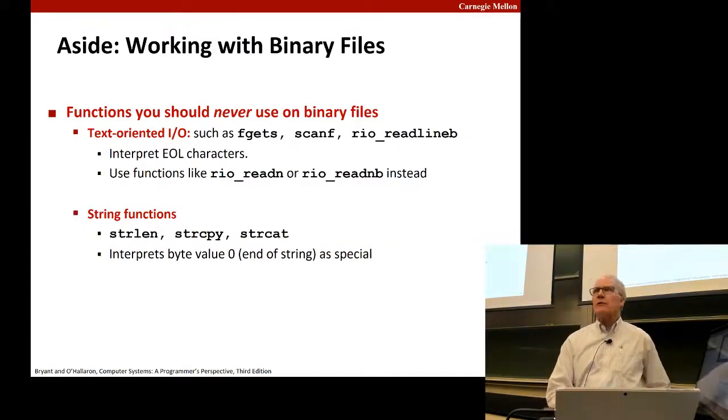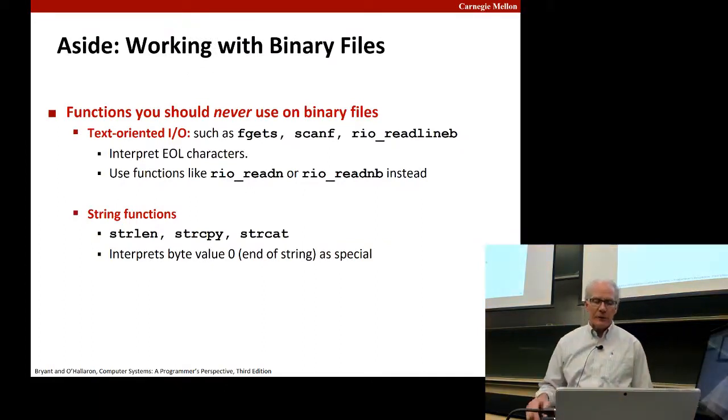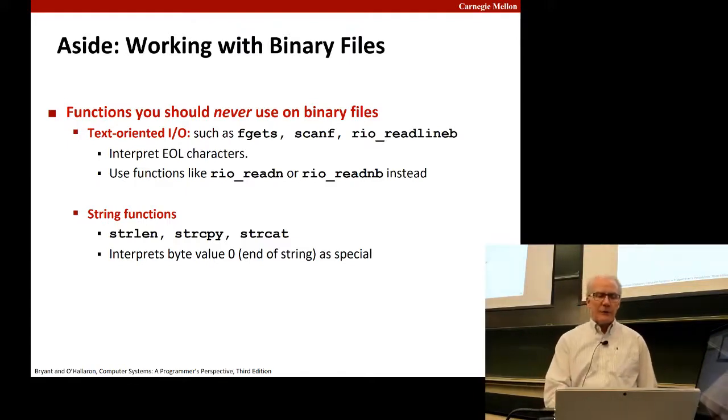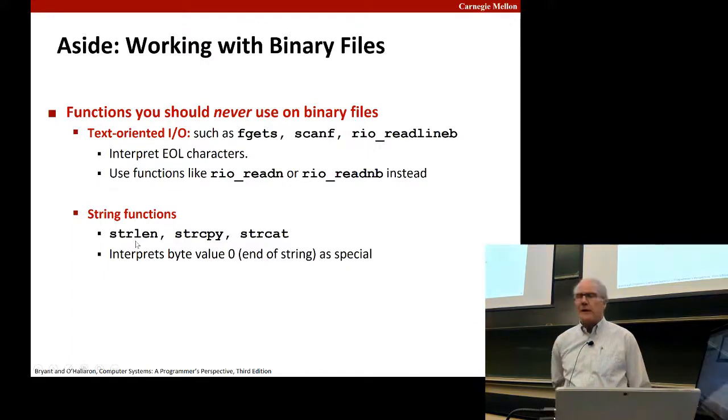One thing to mention, and this will be really important on your final assignment, is that people often don't realize that binary files are very different animals than text files, and some functions are really bad to use. For example, if you call strlen on a binary file, it will return some number, but it probably isn't what you want.